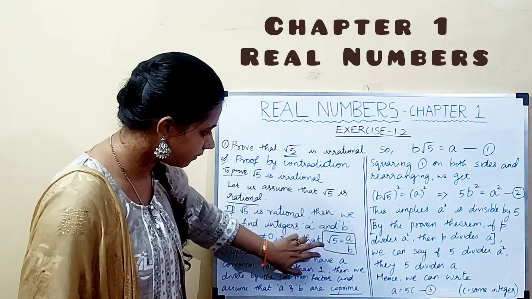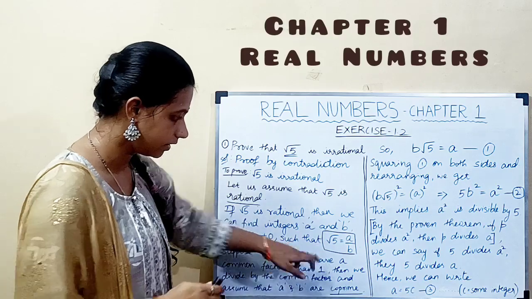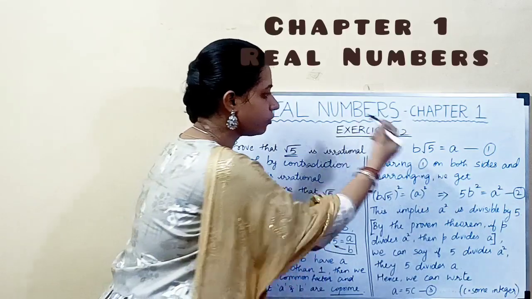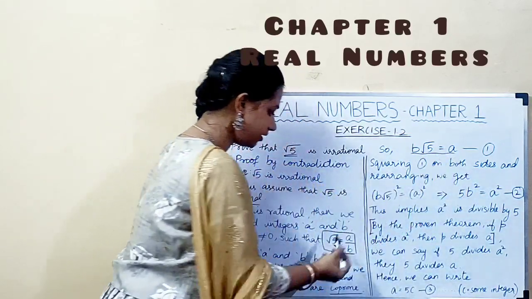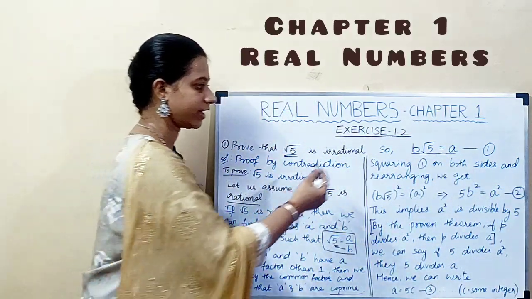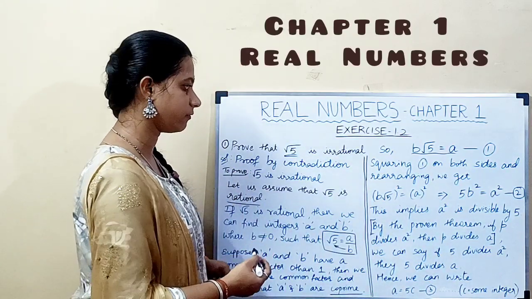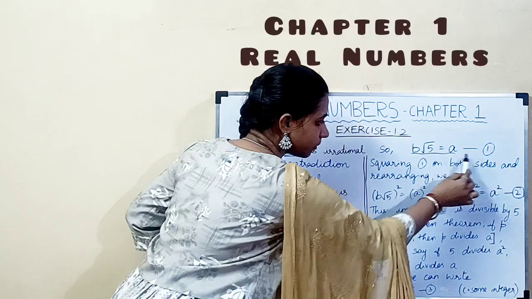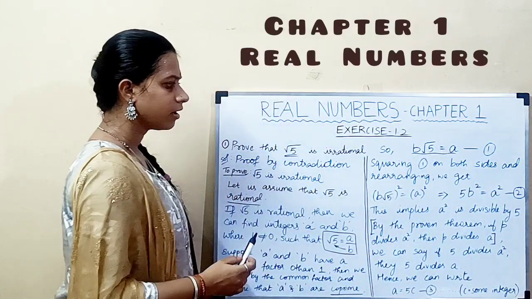Now we will rearrange this condition and write it as b into root 5 is equal to a. We are just rearranging the condition which we have taken, and we make it equation 1. Now what we are going to do is square equation 1 on both sides.